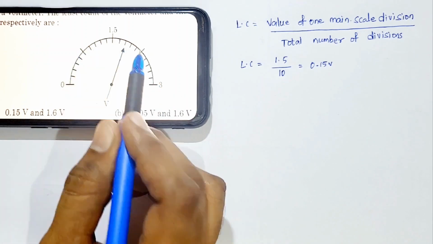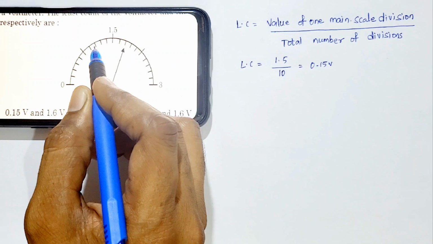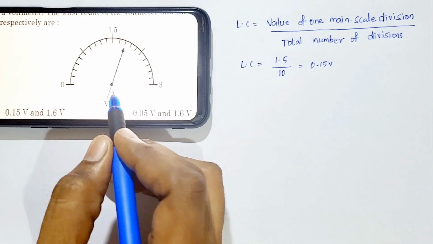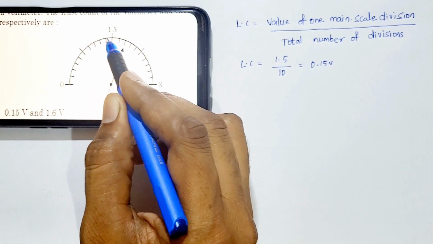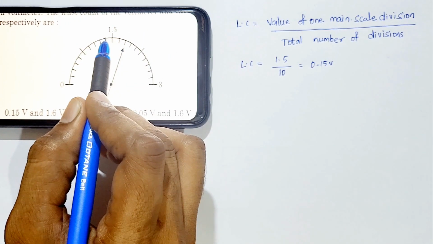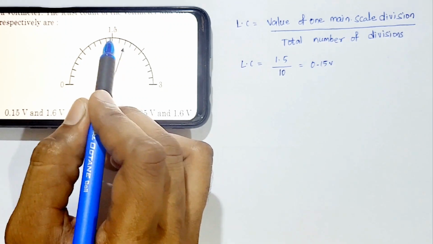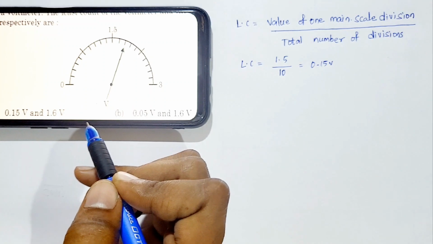Anywhere throughout the scale, from one division to another, the measurement will be 0.15 only. So now we have to measure the reading here. Up to here is 1.5, and from here to here 0.15, and from here to here 0.15. 0.15 plus 0.15 will be 0.3.